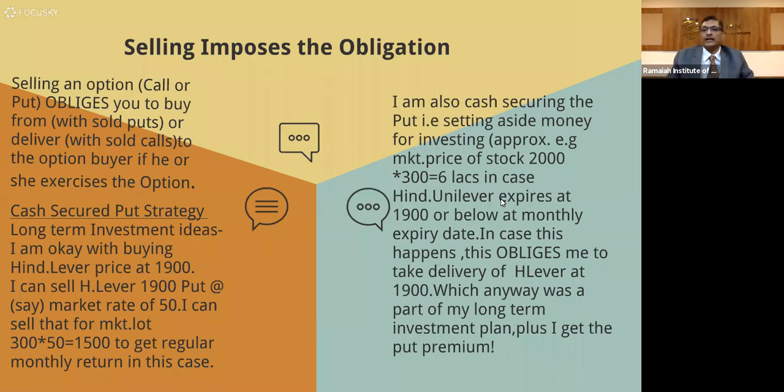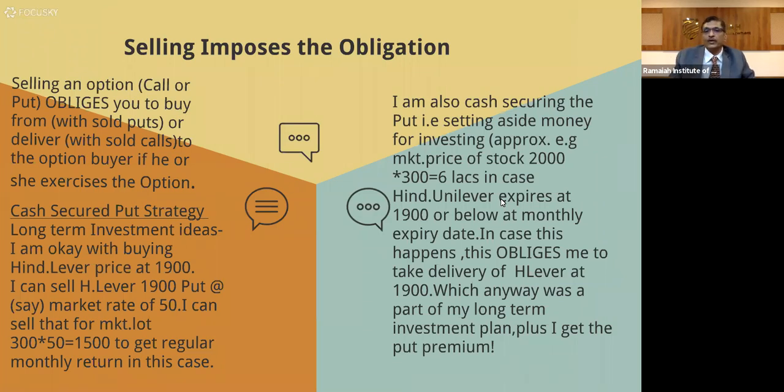So what is the worst case scenario? The worst case scenario is that Hindustan Unilever will expire at 1900 or below at the monthly expiry. In this case, I have sold the put and therefore it imposes an obligation. And what does this oblige? It obliges me to take delivery of Hindustan Lever at 1900.